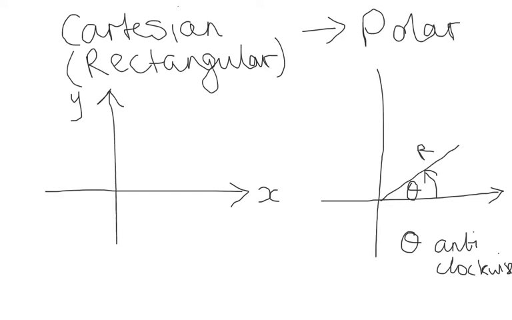Theta is anti-clockwise. And the r is the magnitude of the vector. Magnitude and direction, theta.